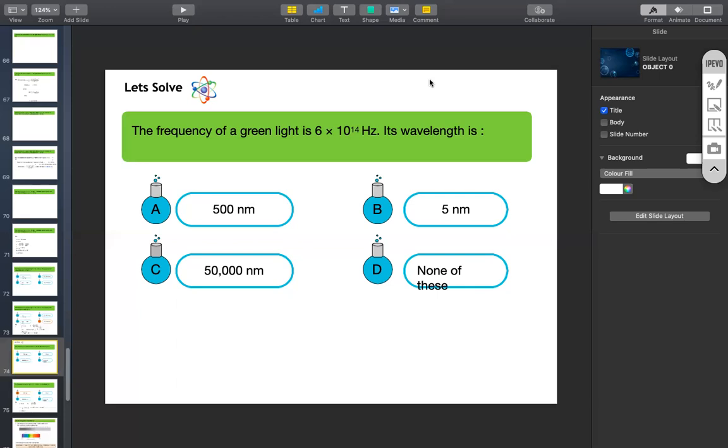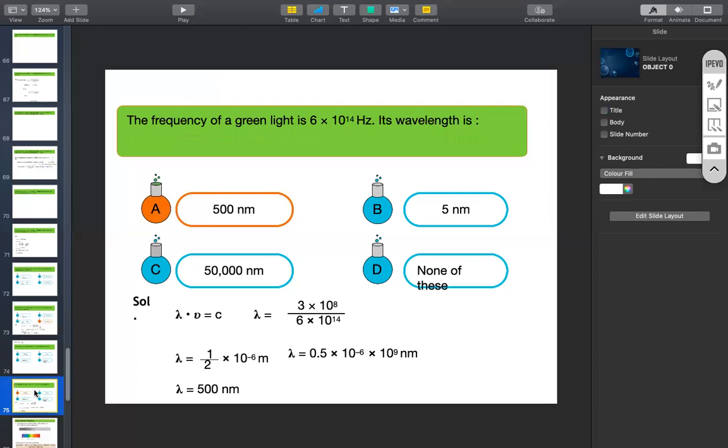Answer of this question? The answer of this question will be A. Same thing, C F lambda. Speed is equal to F lambda, frequency into lambda. That's it.